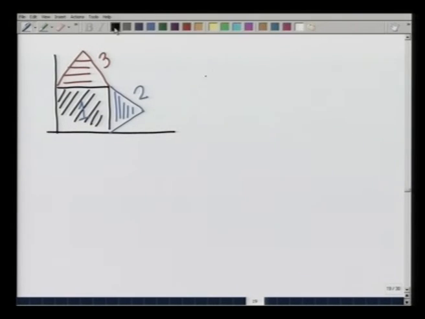Then I know that x c 1, that is the x coordinate of the centroid of the square, if this side is a, is going to be a divided by 2.